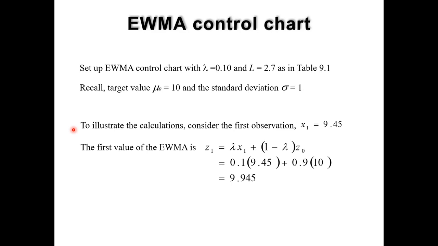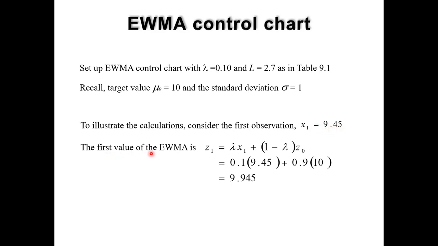Now, to illustrate the calculation of the EWMA Z statistic, we have to consider the first observation. If you still remember in table 9.1, the first observation x1 is equal to 9.41.